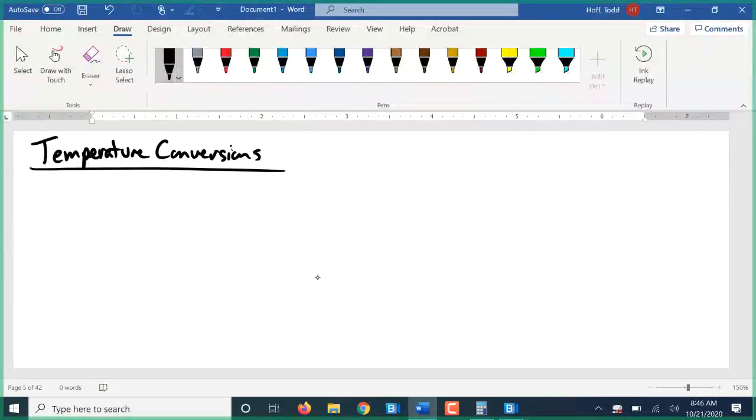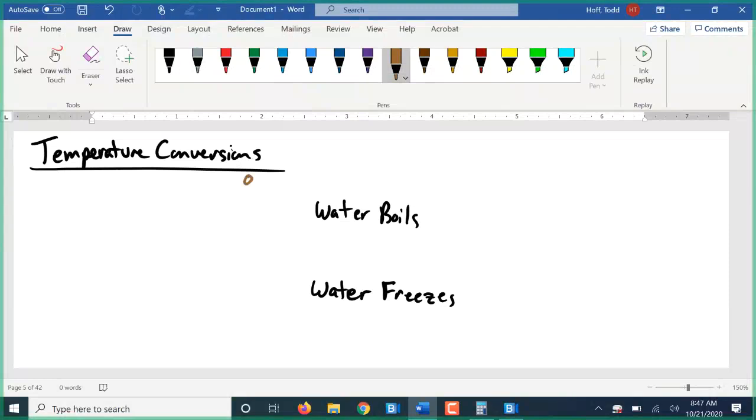We tend to use the temperature at which water freezes as one benchmark, the temperature at which water boils as another benchmark. So our standard system of temperature is degrees Fahrenheit. I'm not going to try to spell out Fahrenheit right now because I'm sure I'd butcher it.